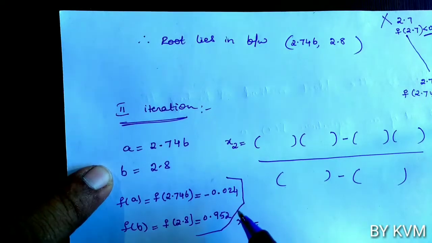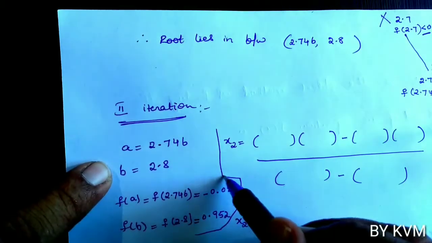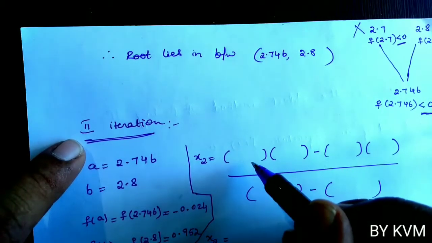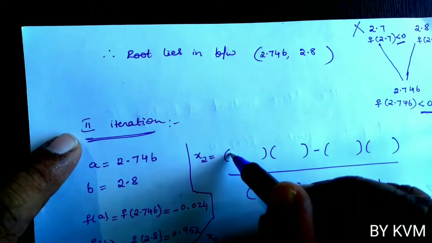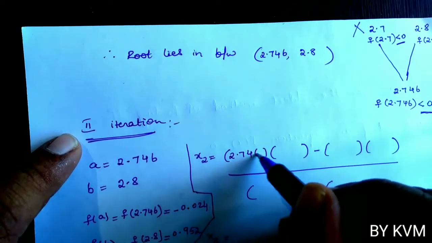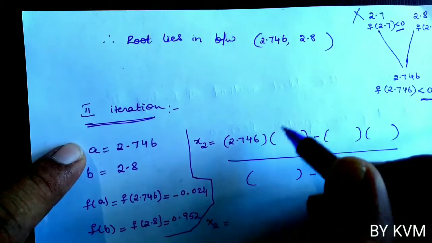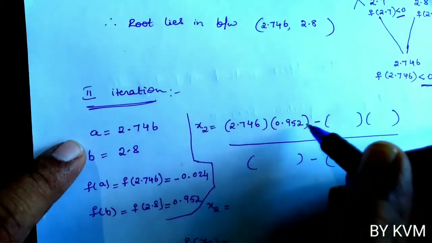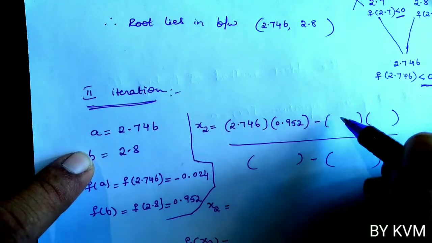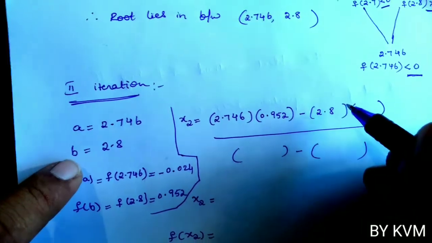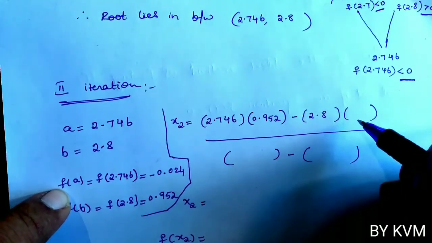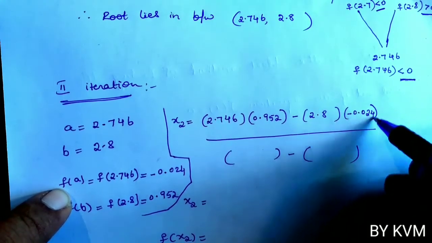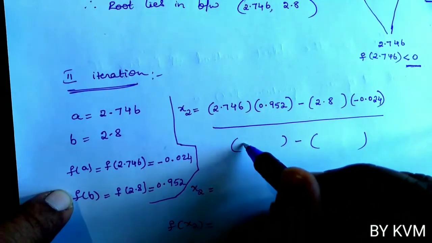Now substitute these values. So x2 is a into f of b, where a is 2.746 and f of b is 0.952, minus b into f of a, f of a is minus 0.024, whole divided by f of b minus f of a.